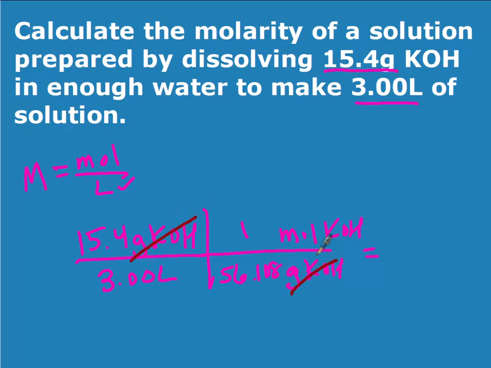So my grams cancel out, leaving me with moles per liter. Dividing 15.4 by 3 and then dividing again by 56.108 gives me 0.0915 molarity.